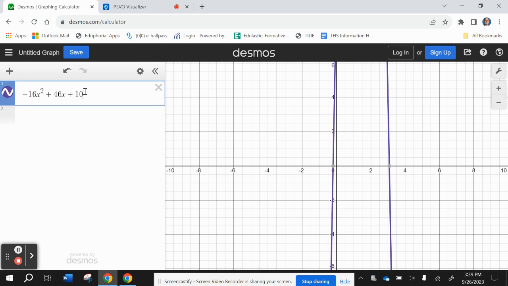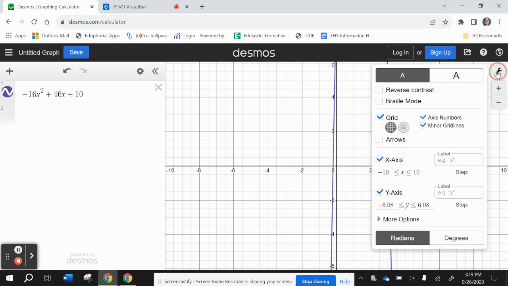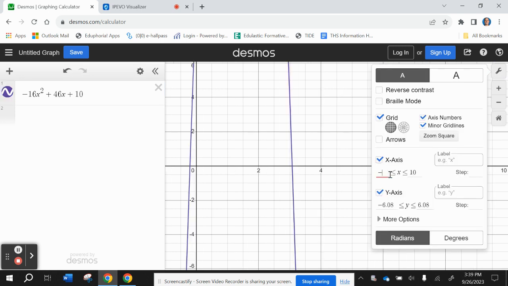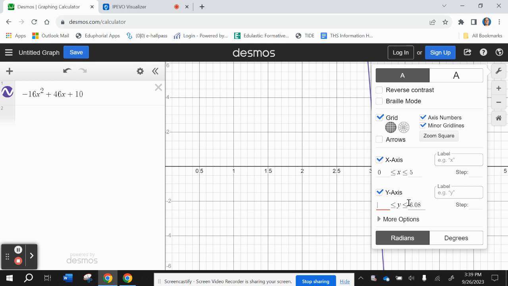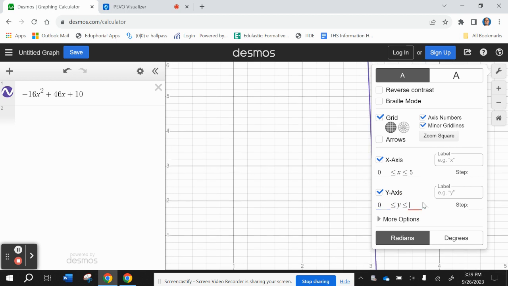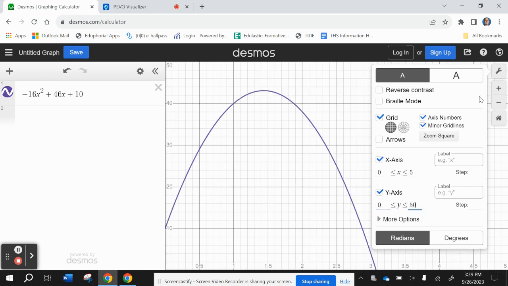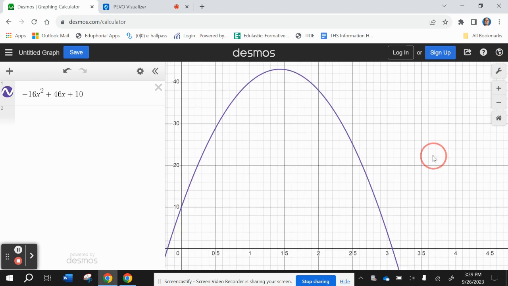Now we need to adjust the window, so we're going to go over here and change the axes from 0 to 5 and 0 to 50. All right, there's our graph.